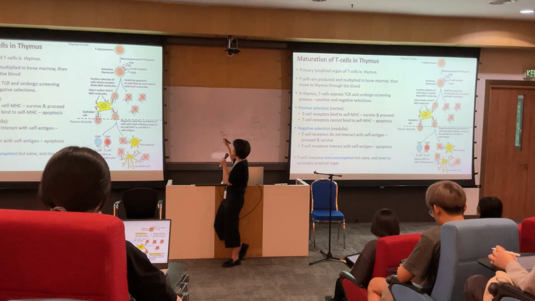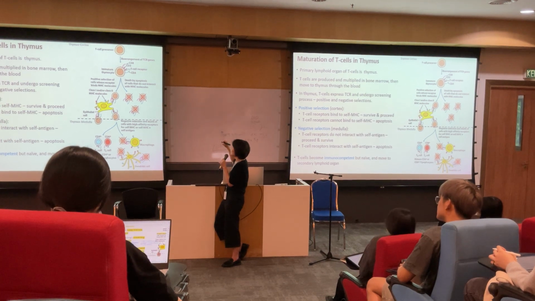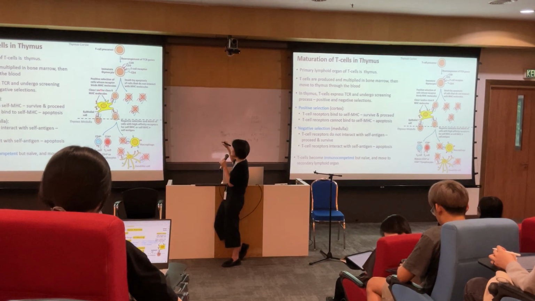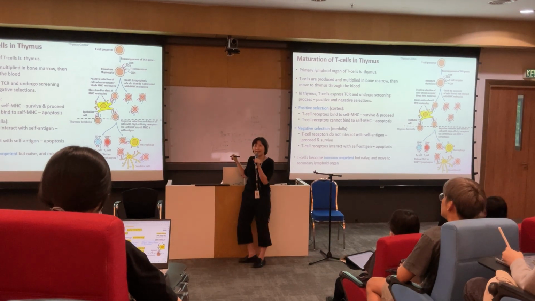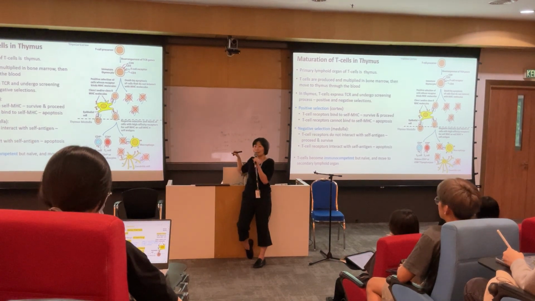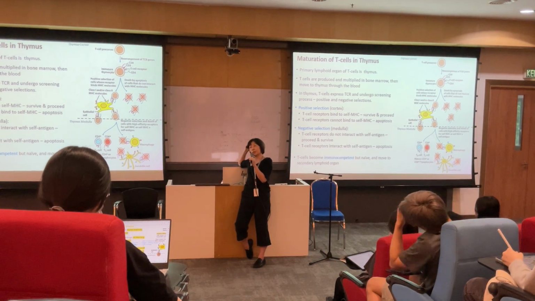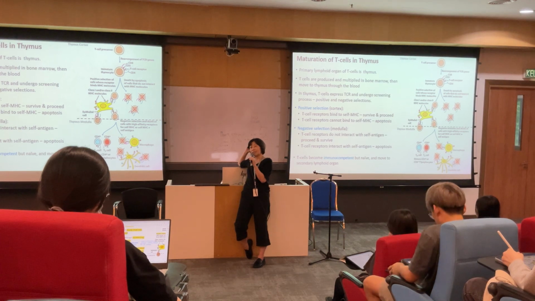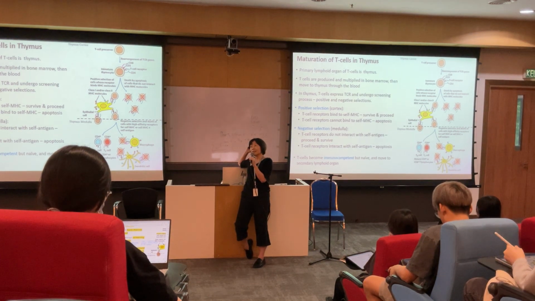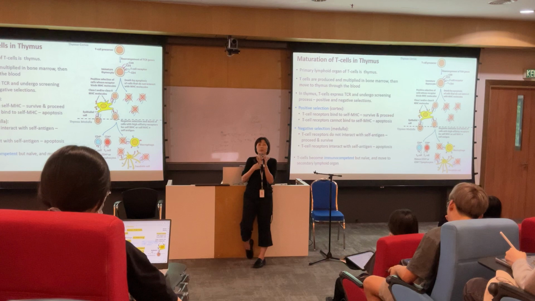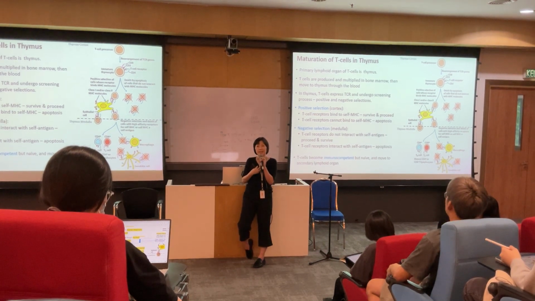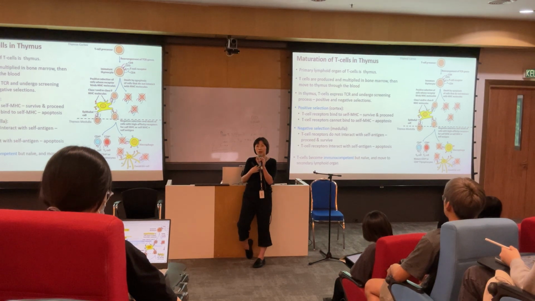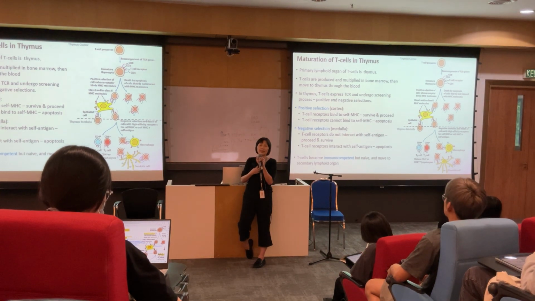Same thing here. You are training the T cells. First thing, you're training the T cells to recognize MHC. Secondly, you're training the T cells not to recognize self-antigens. Self-antigen is not really the antigens. Antigens normally refer to pathogens, but self-antigens are our own protein, those molecules or proteins produced from the host, from human, let's say.